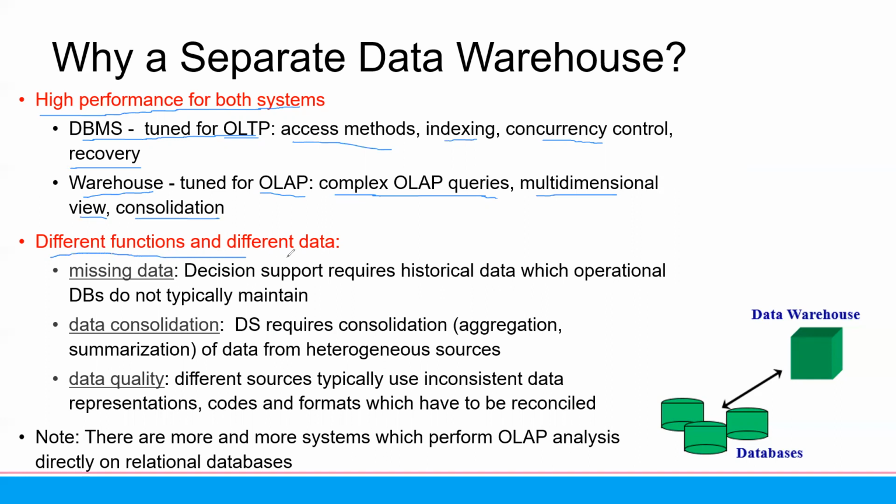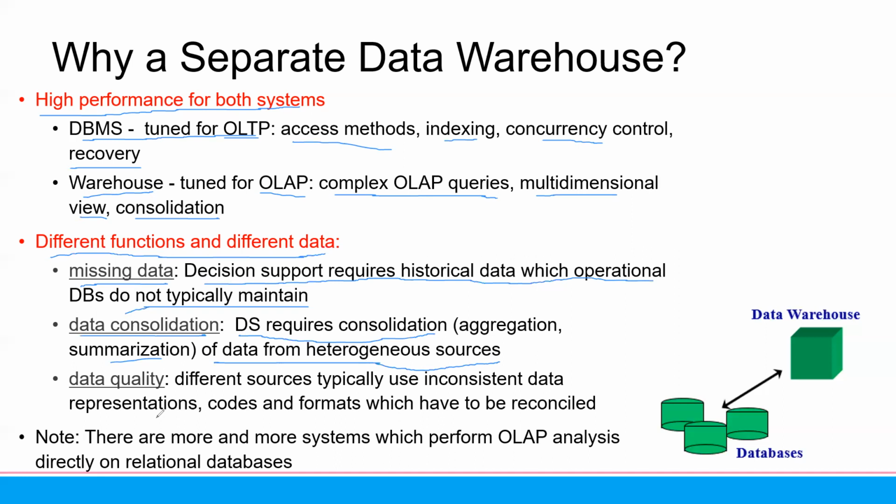And different function and different data. If we have missing data, then the decision support requires historical data, which operational DB do not typically maintain. If you have the data consolidation, so the decision support requires consolidation, or maybe you need to aggregate, or maybe you need to make a summary of data from heterogeneous sources.